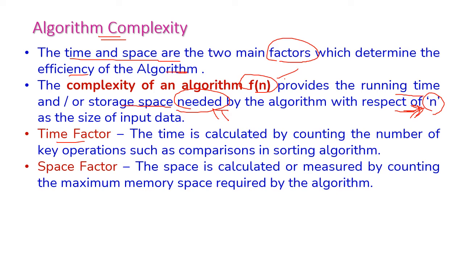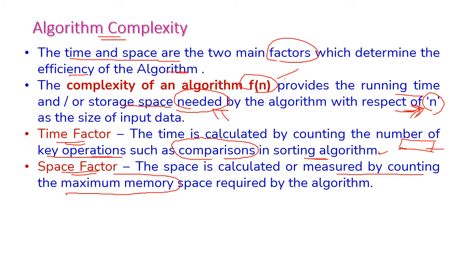Now, the time factor. What is the time factor? It is calculated by counting the number of key operations, such as the number of comparisons in a sorting algorithm. How many times are we going to compare the numbers to sort the array? So this is the time factor. And the space factor is measured by counting the maximum memory space.